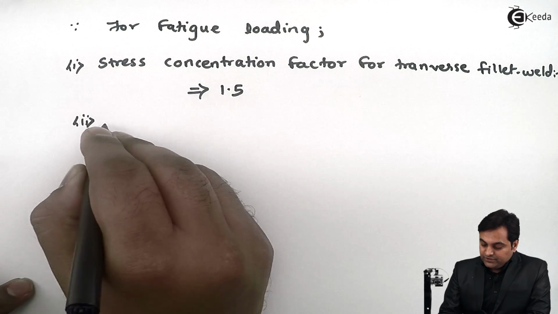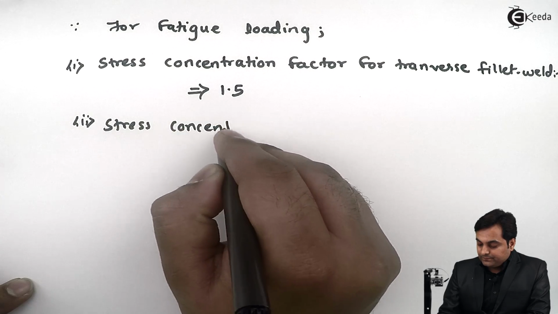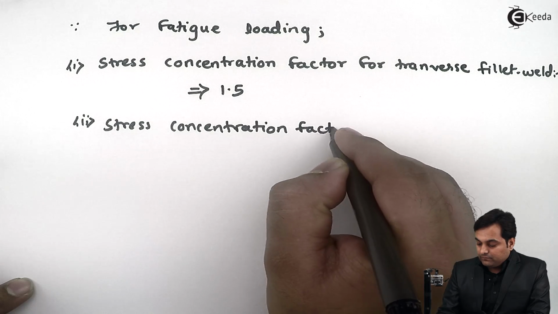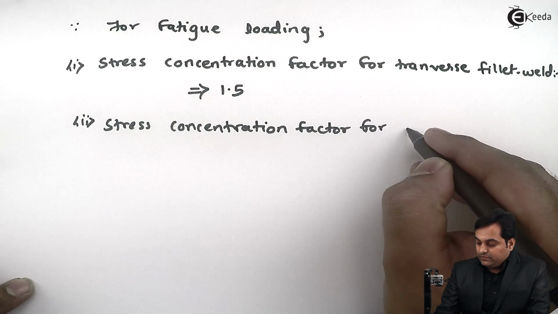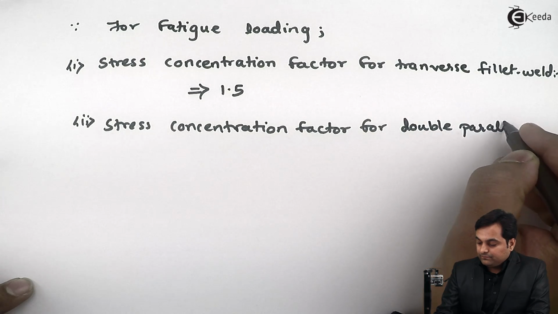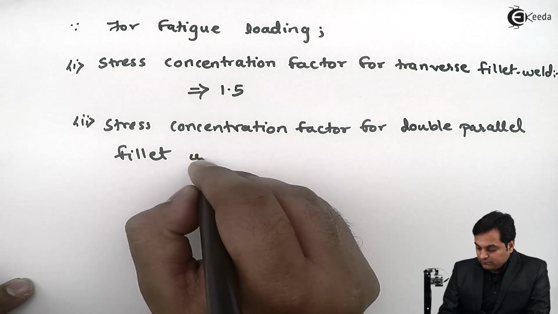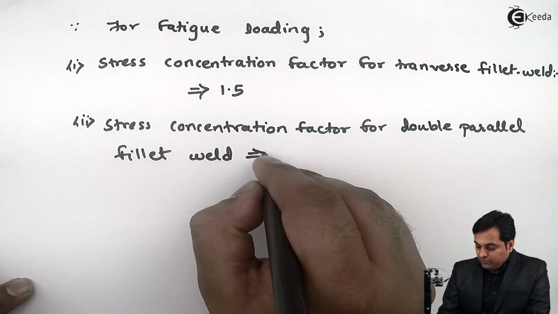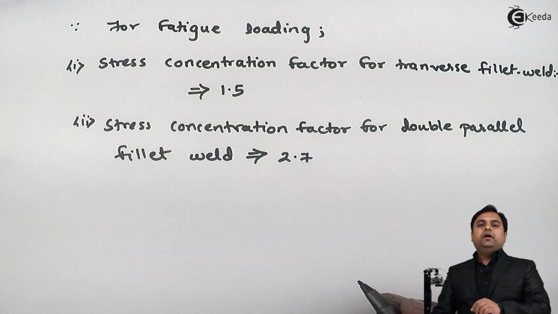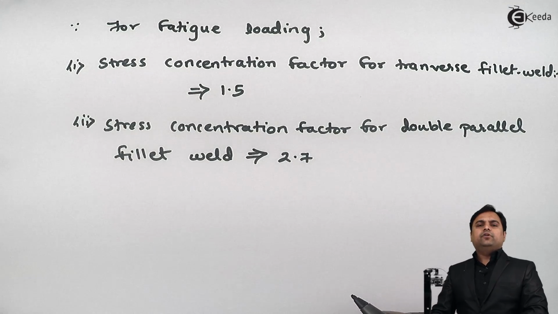similarly the stress concentration factor for double parallel fillet weld will be equal to 2.7. So these are the stress concentration factors, and with their help we can find the new values of stresses.